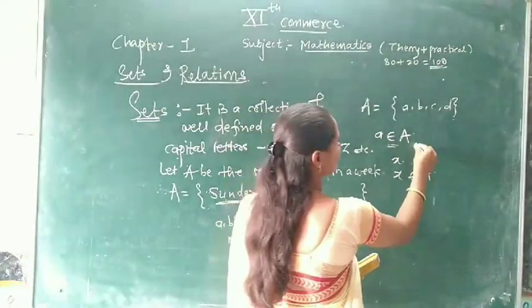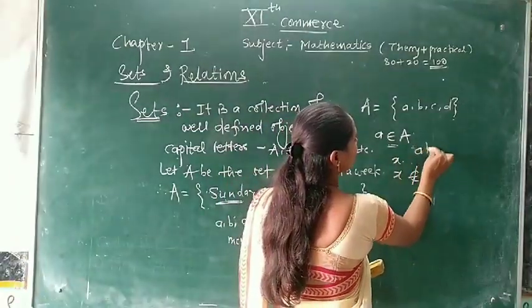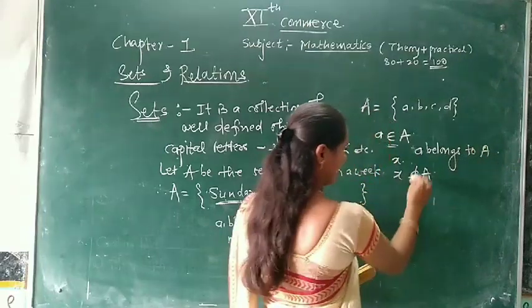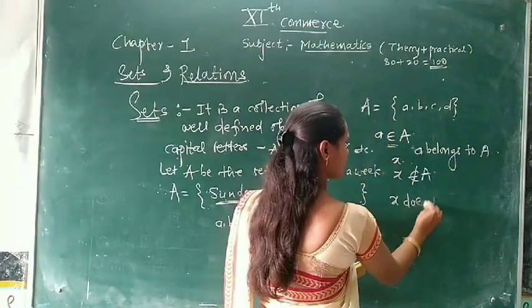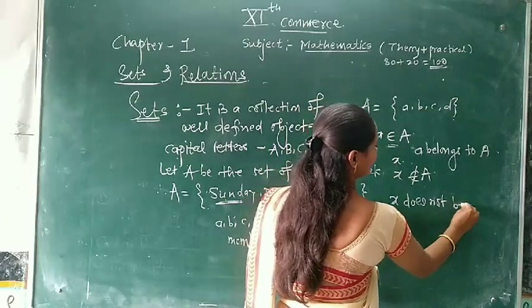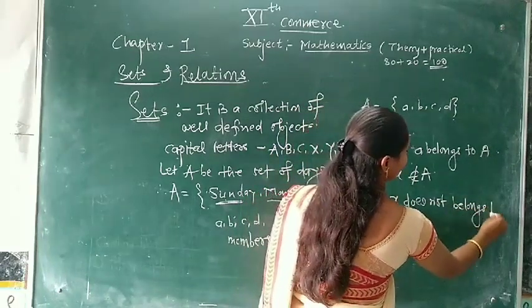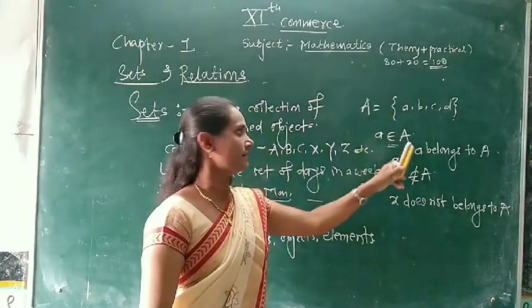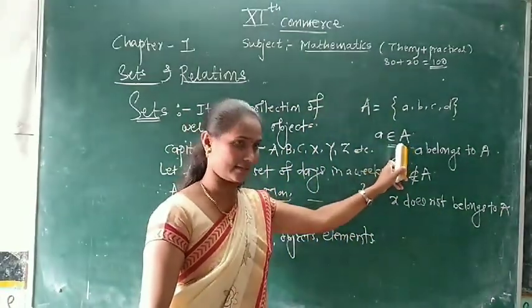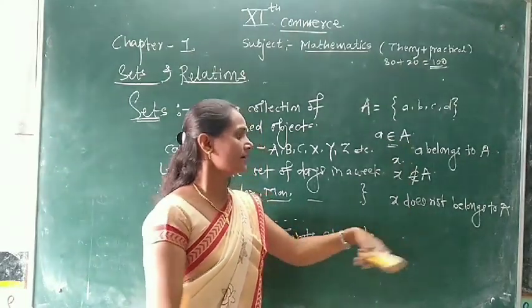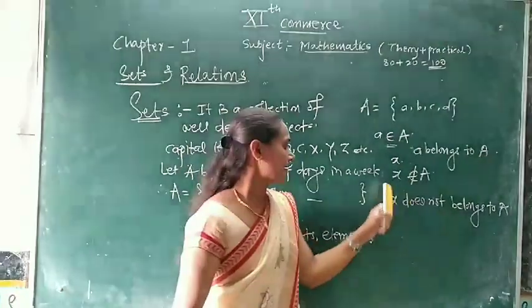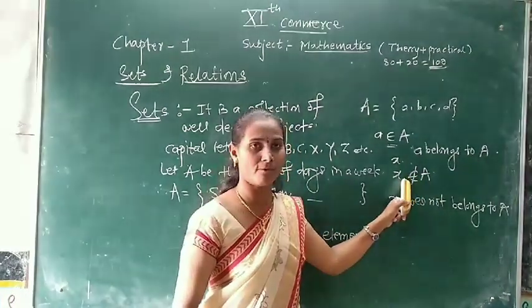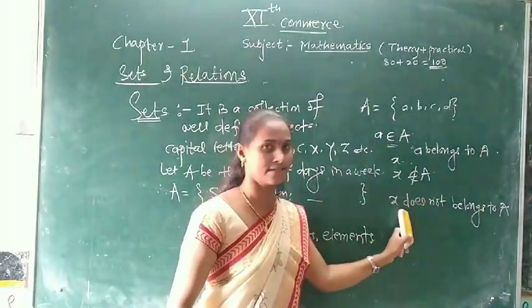If this is an element of set A, write it as a belongs to A, and if it is not an element of this set, write it as x does not belong to A. If you have to write, then write like this.